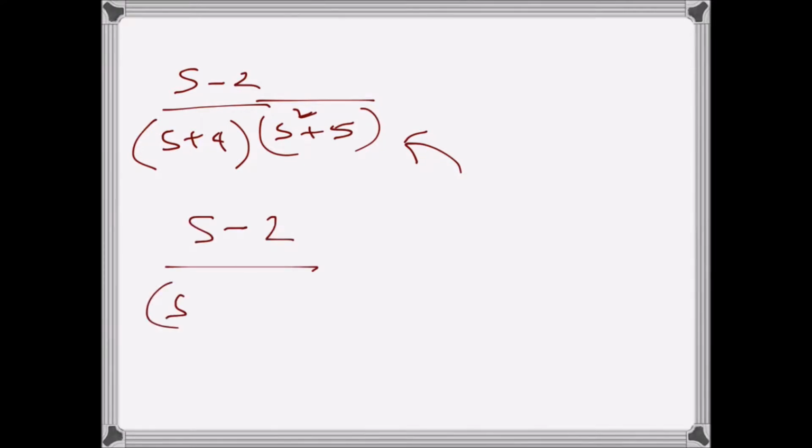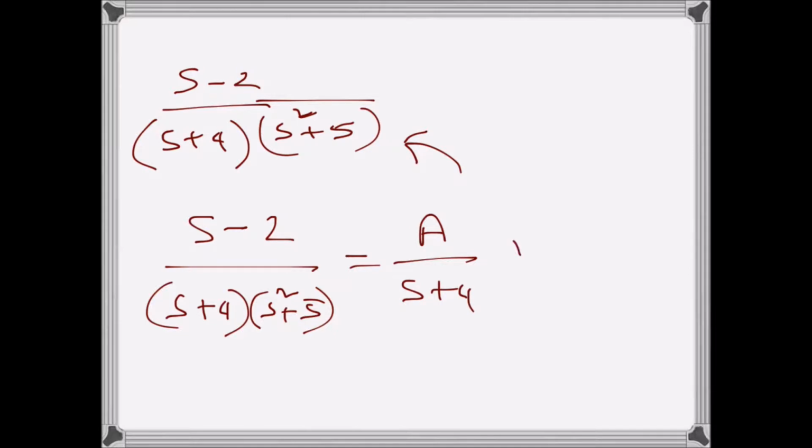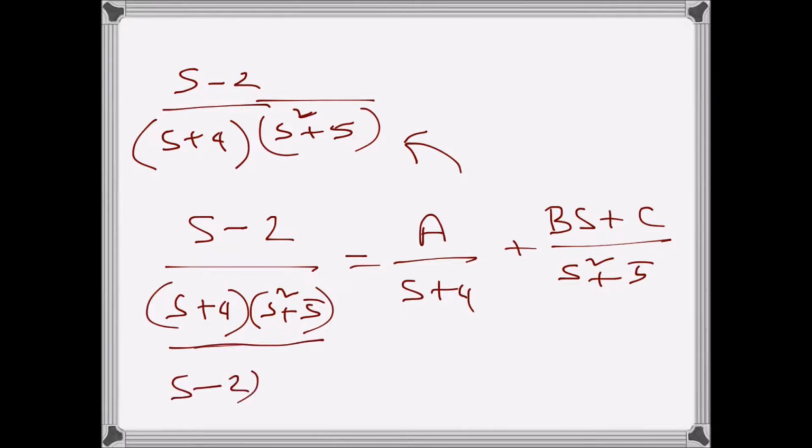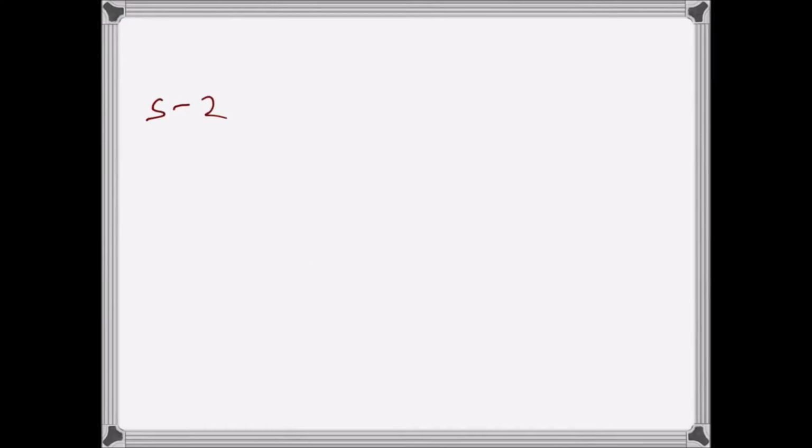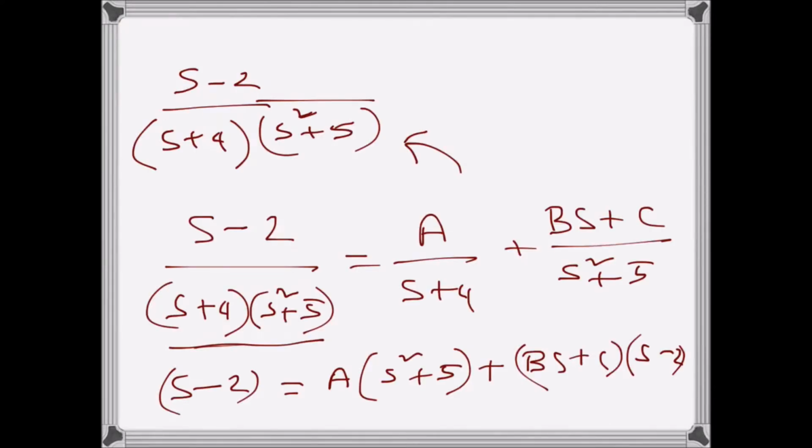So it goes like this: (s minus 2) over (s plus 4)(s square plus 5) equals A over (s plus 4) plus (Bs plus C) over (s square plus 5). Now we will multiply both sides by this denominator. On the left hand side we have s minus 2, and on the right hand side we have A(s square plus 5) plus (Bs plus C)(s plus 4).